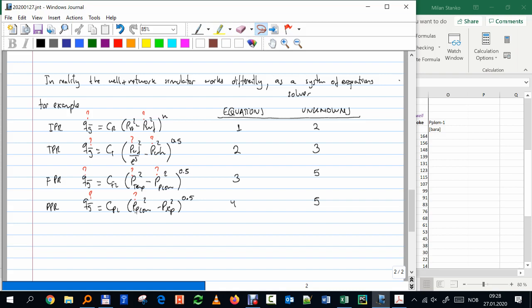So we have 4 equations and 5 unknowns. We cannot solve, it is underdefined. So we need that famous equation of the choke, which tells me QG as a function, and we are going to see now how it looks, of first P wellhead, P template, and also of the opening.